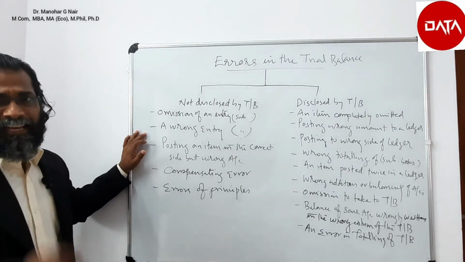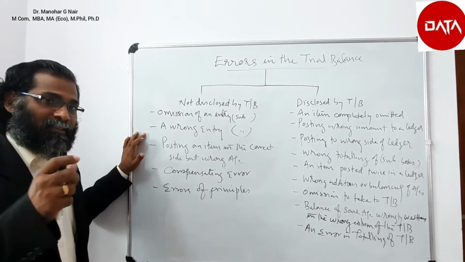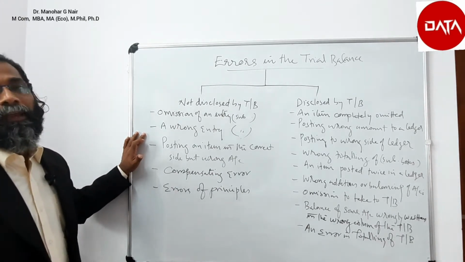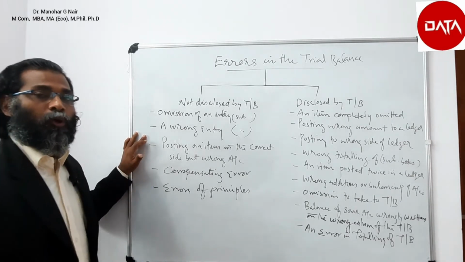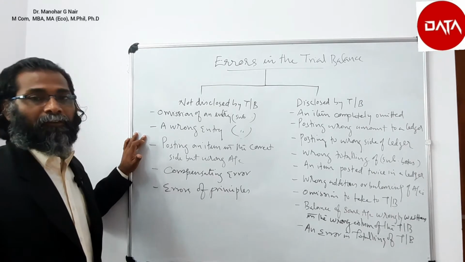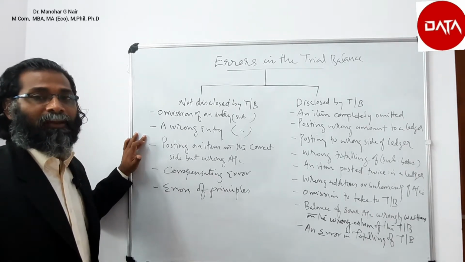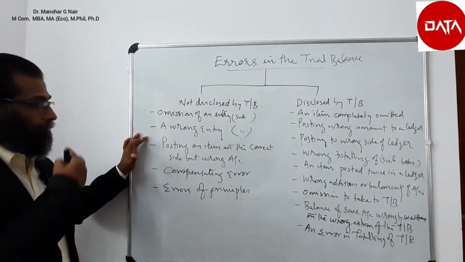In the initial stage itself, the first entry itself, that is in the journal or in the subsidiary book, that entry is wrong, then we may not be able to trace it from the trial balance, so we have to go back to the voucher and verify each voucher with the journal entry which we have made to trace out such a wrong entry.